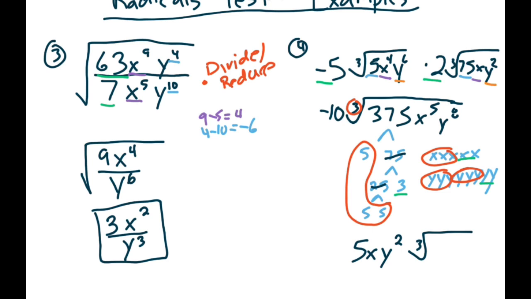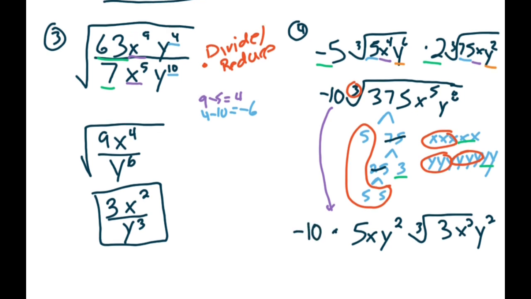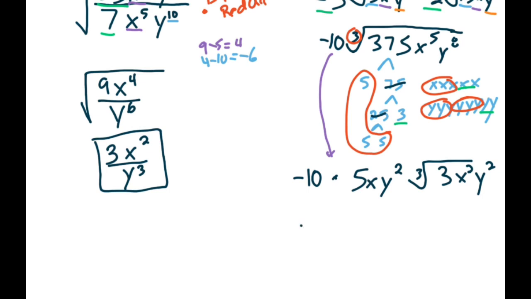So inside goes 3, 2 x's, and 2 y's. Now, the only other thing we can't forget about is this negative 10 that we have on the outside. So we have negative 10 times this function. So we get negative 50xy squared, cube root of 3x squared y squared.